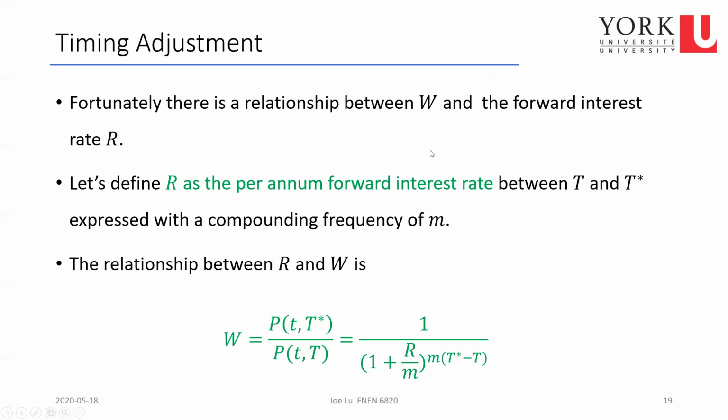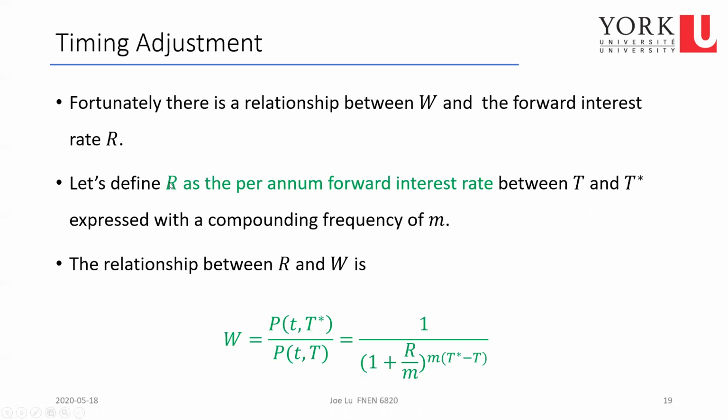Well, although we don't have a W observed, we do have a relation between W and the forward interest rate. Okay, and the reason for that is there is a relation like this here.